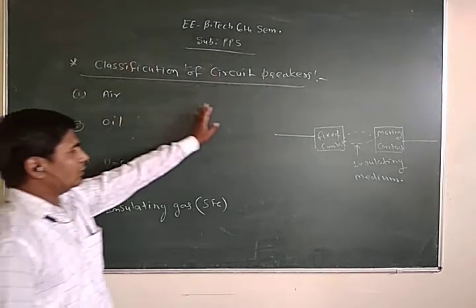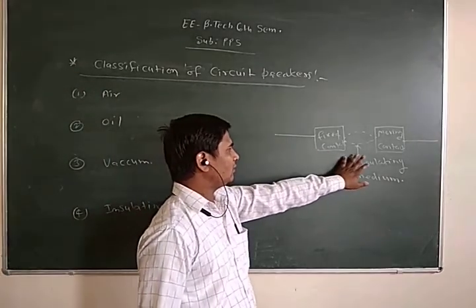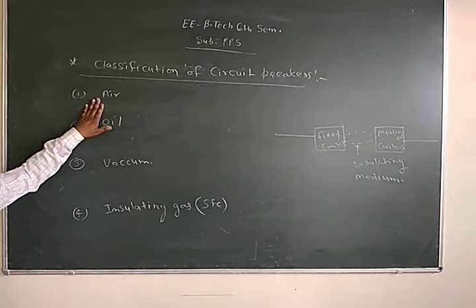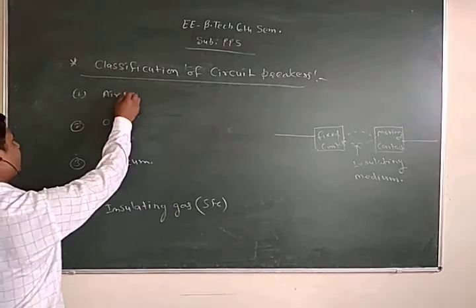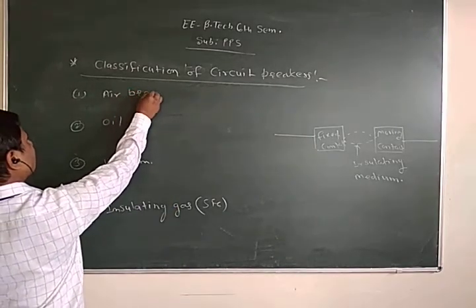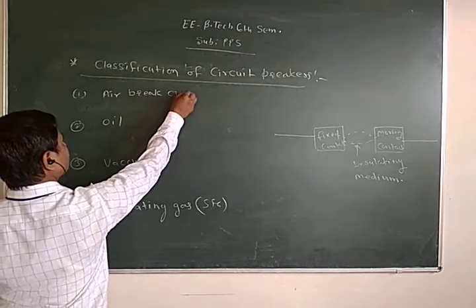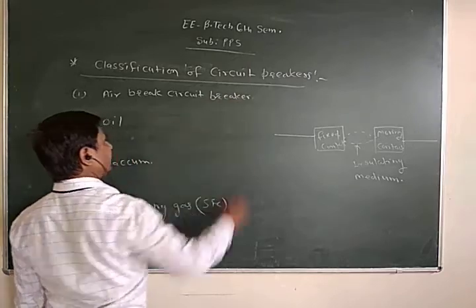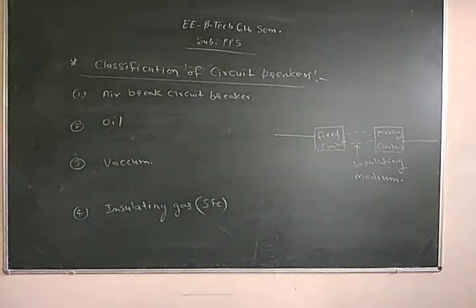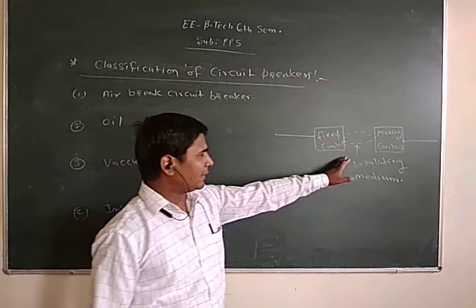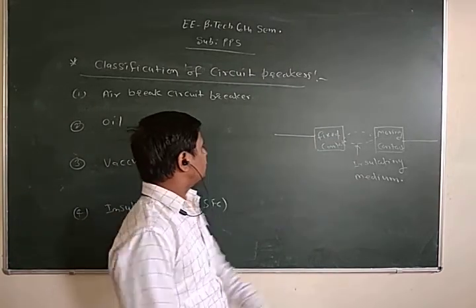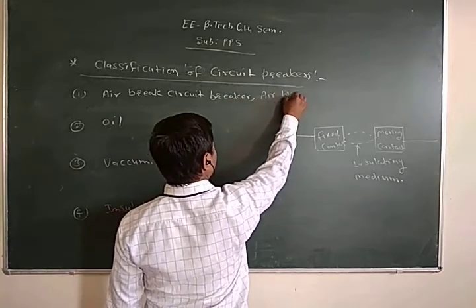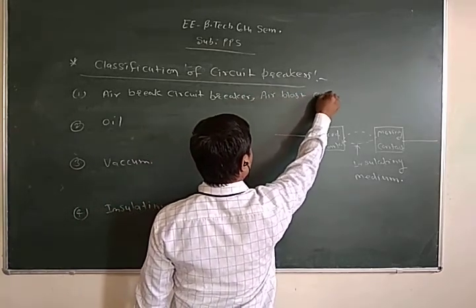So here, when we use air to avoid the arcing problem in between the contacts, the circuit breaker is named as air circuit breaker or air brake circuit breaker. If we use any compressor, this is named as air blast circuit breaker.